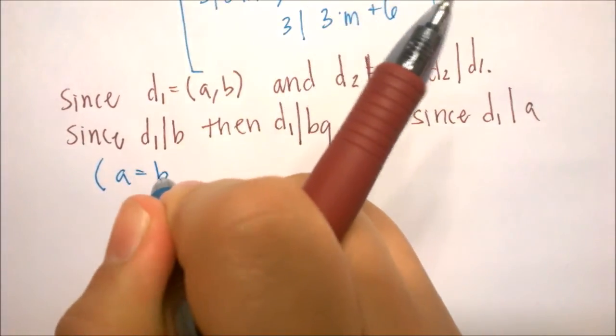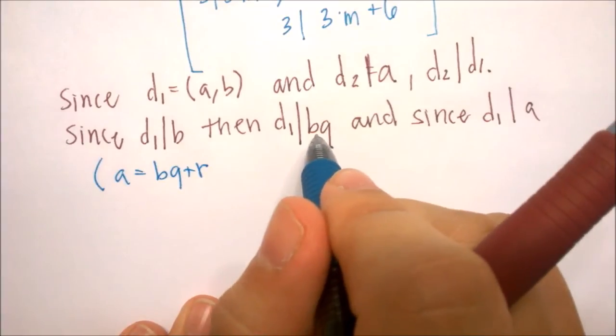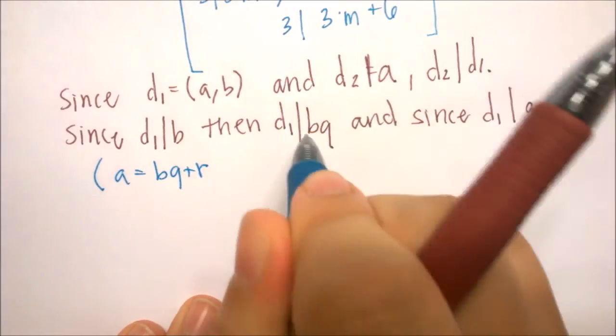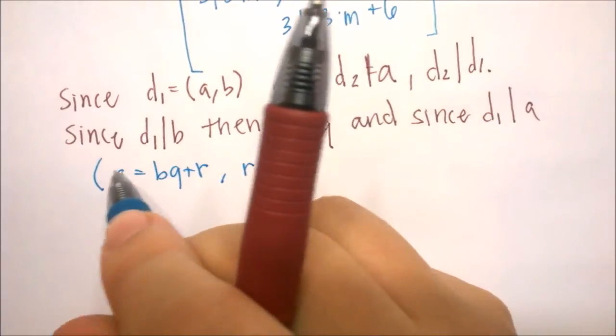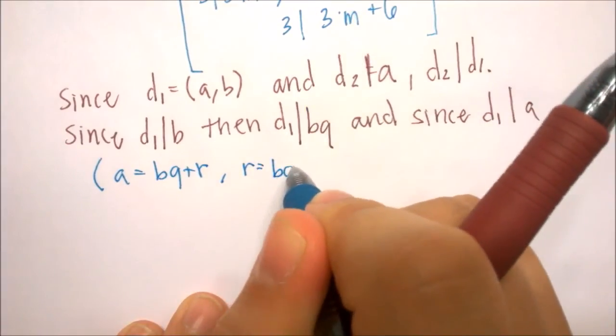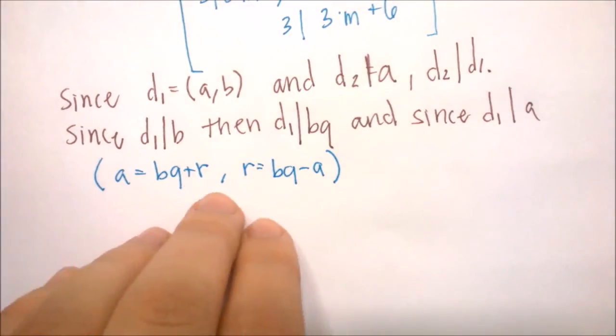A equals BQ plus R. Here we know that D1 divides A and BQ. So we want to get it in terms of R. So R equals, just subtracting the BQ over, A minus BQ.